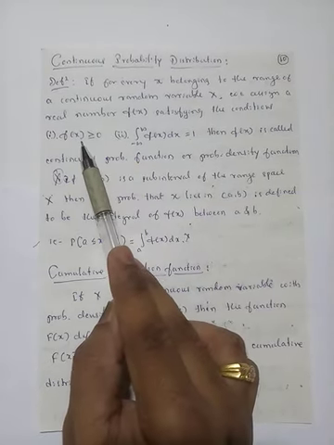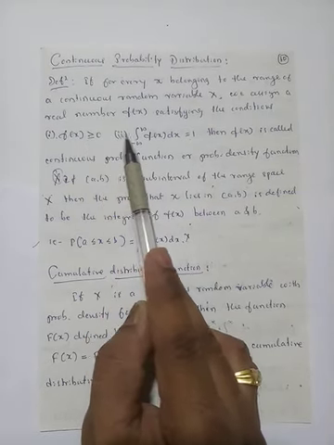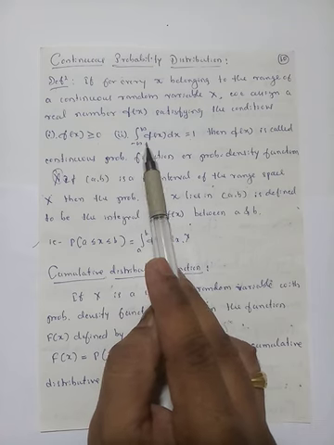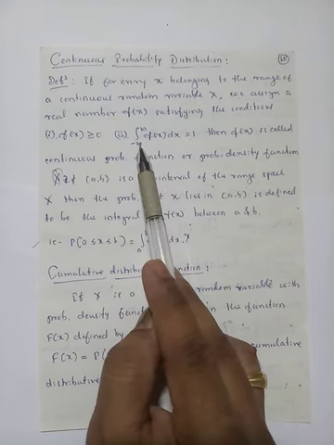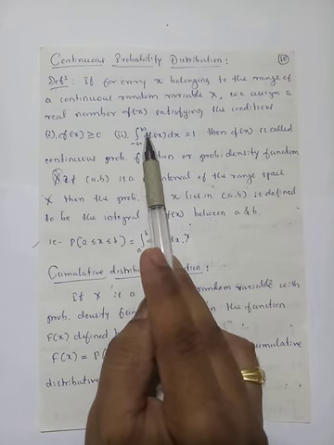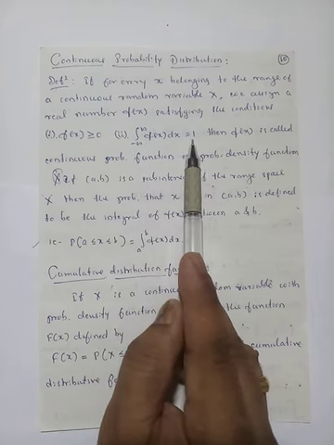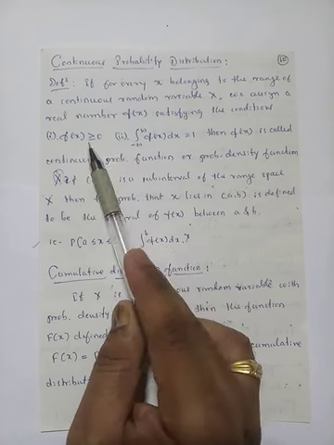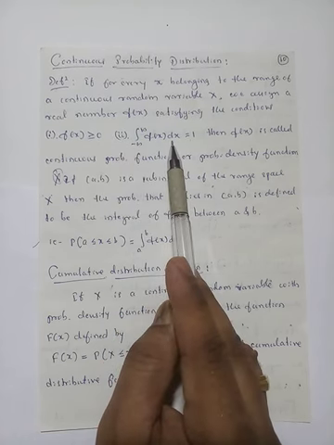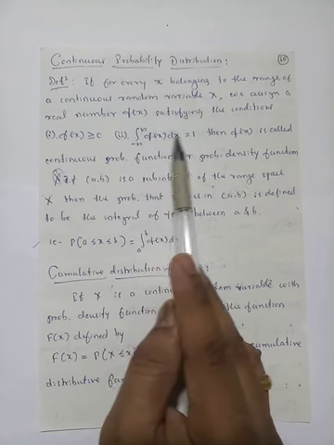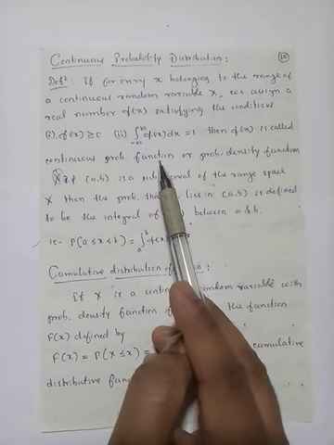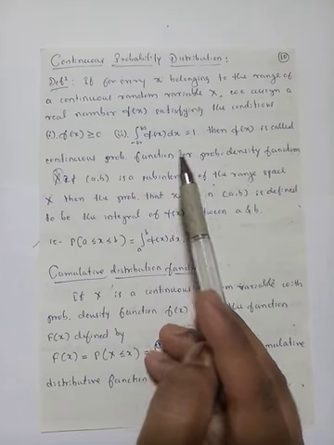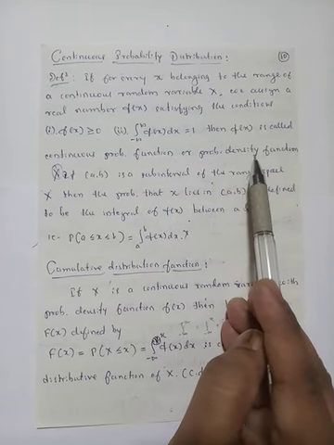The first one is f of x is greater than or equal to 0, and then the integration of f of x dx between minus infinity to plus infinity is 1. When these two conditions are satisfied, then f of x is called a continuous probability function, or simply probability density function.